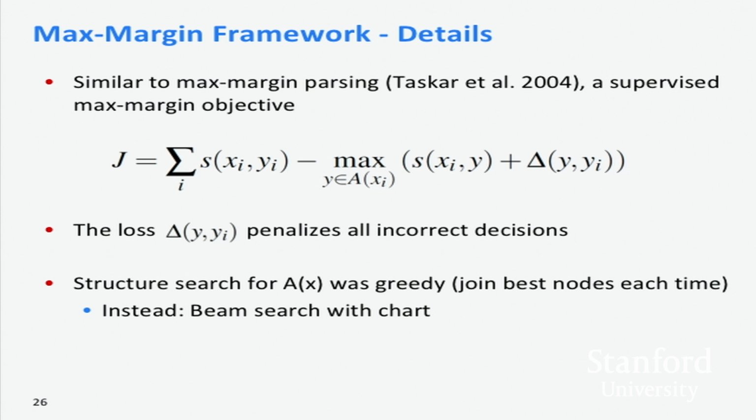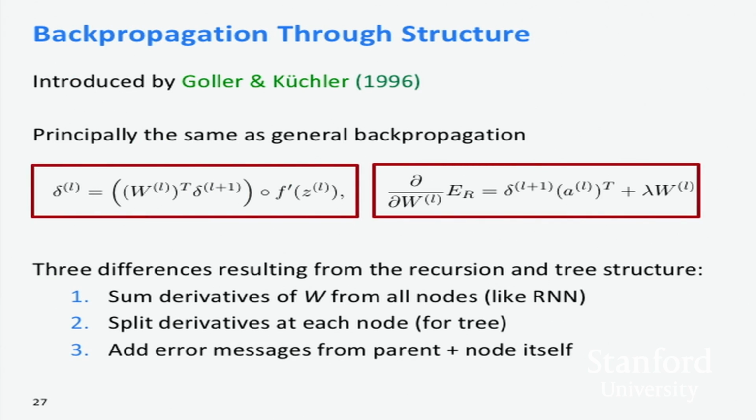Okay, so this is our overall objective function, and we want to be changing the parameters of our model so that it wants to choose as its parse of the sentence the one that's the same as the gold parse of the sentence. And the way we do that is, again, by a backpropagation algorithm. For the recurrent neural networks, we had backpropagation through time, where you're chugging back through the time steps of your linear model.